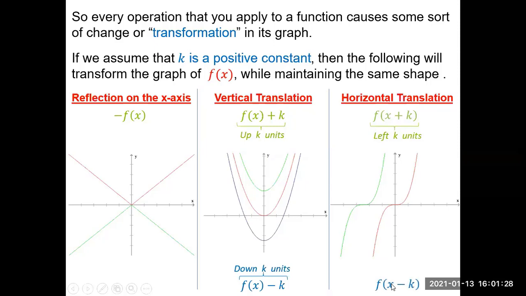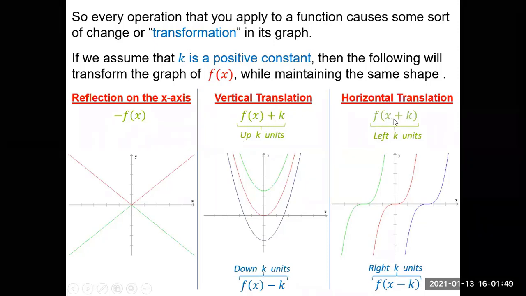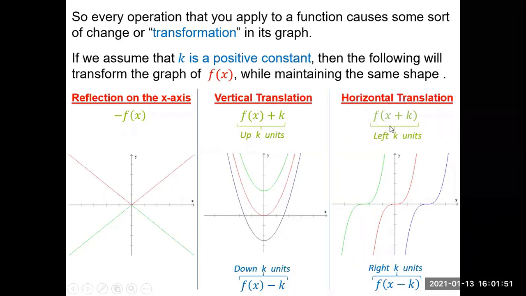What if we see a quantity where we're subtracting k from the input? If we ever subtract k, that causes the graph to shift the opposite direction, or in other words, moves to the right. So if we recognize that the vertical translations move in a direction that corresponds to the sign, horizontal translations move in a direction that is opposite of the direction you expect.